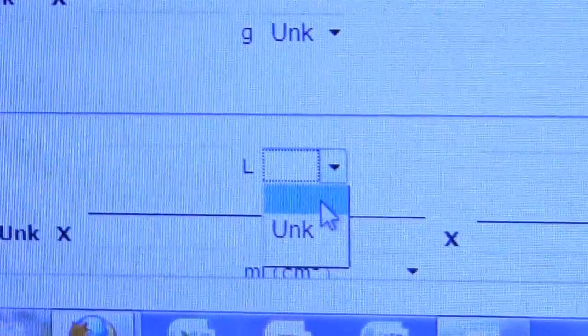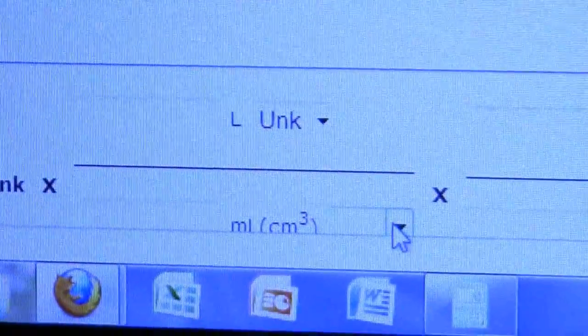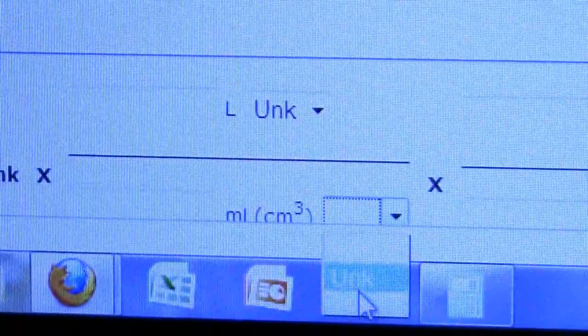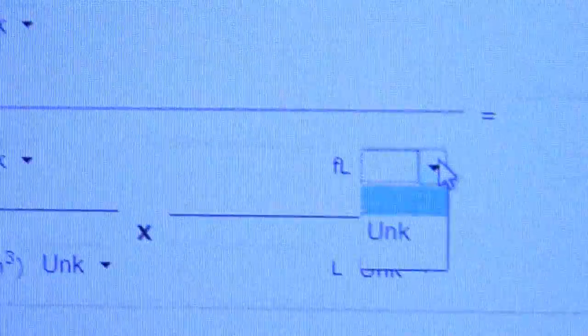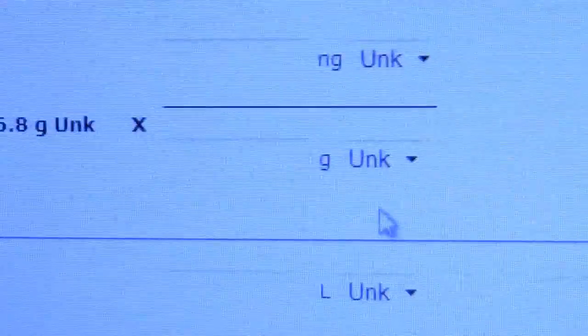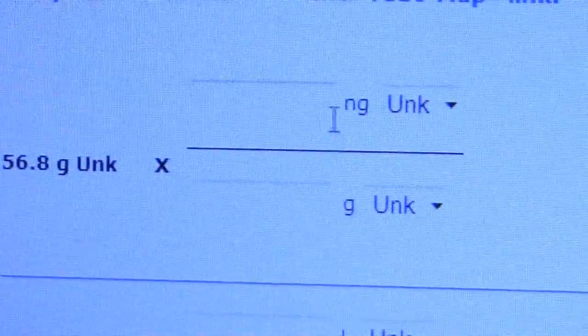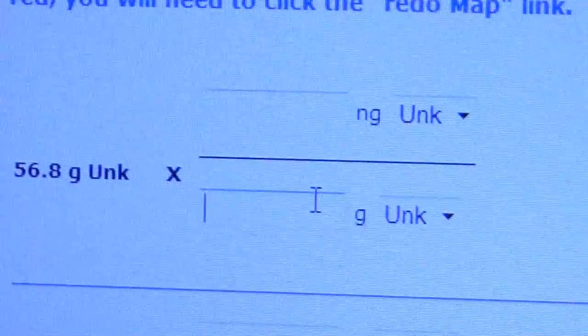I usually just do that first so that we don't forget about it later on. Once we have those all set, then let's go back. We're going from grams to nanograms, so we want to know how many nanograms are in a gram.